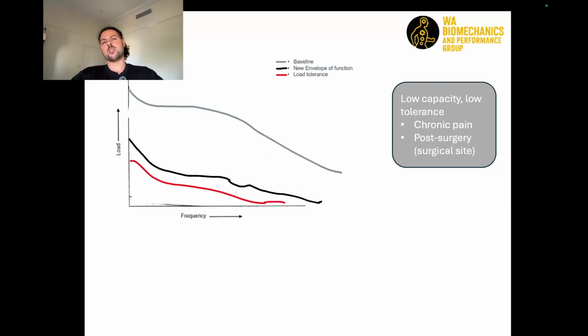So you could think about this in the case of chronic pain, where a person has been in pain for so long that they might remain quite sedentary, let's say with lower back pain, and therefore they are sitting in that zone of supraphysiologic underload for too long.